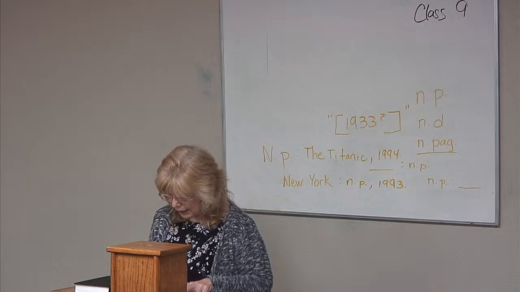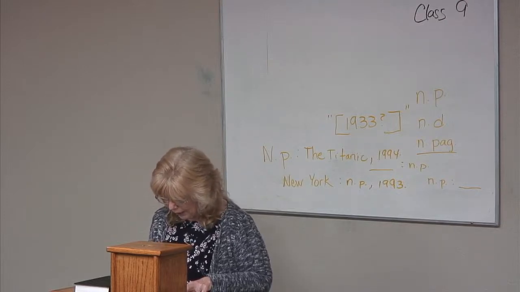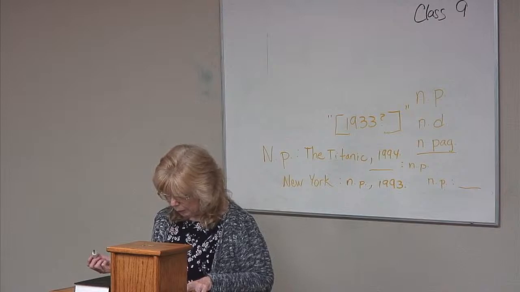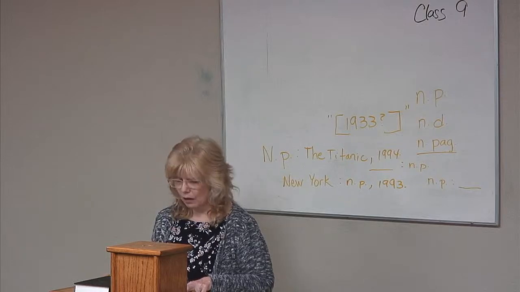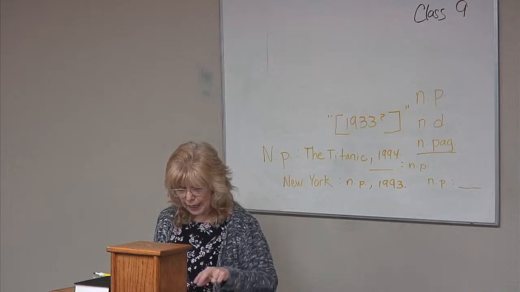And then you're going to write Diss. and add the name of the degree-granting university. In this case, it would be Beth Haven Baptist Seminary. And then you follow that with a comma and the year. So you write Diss.